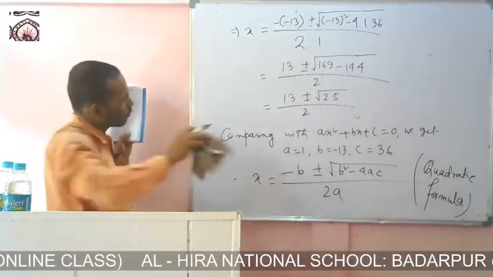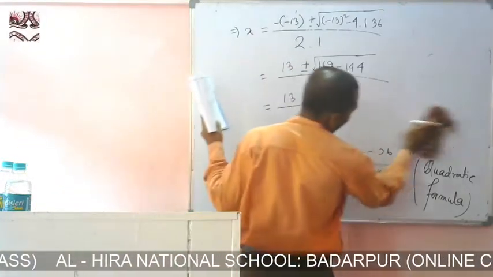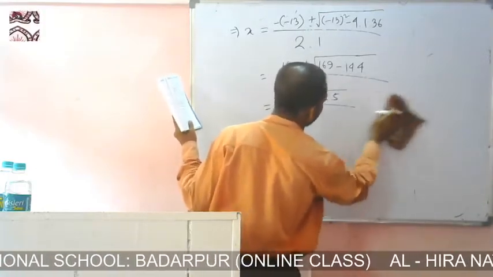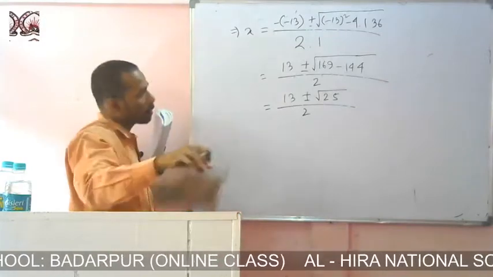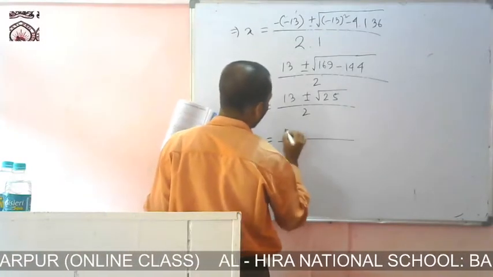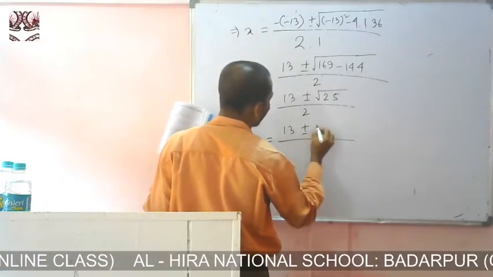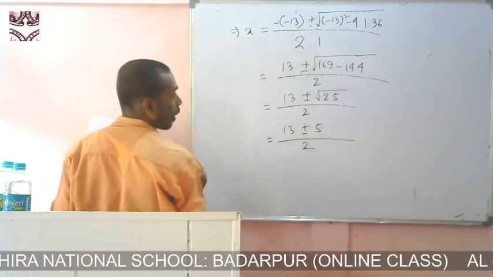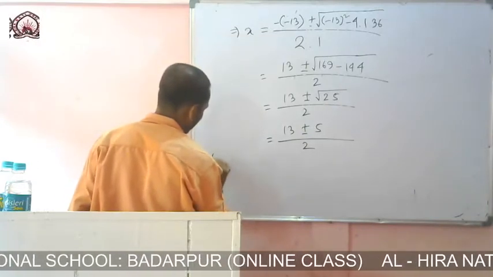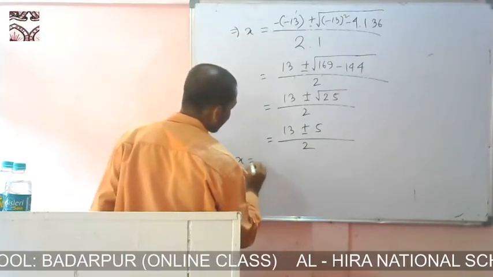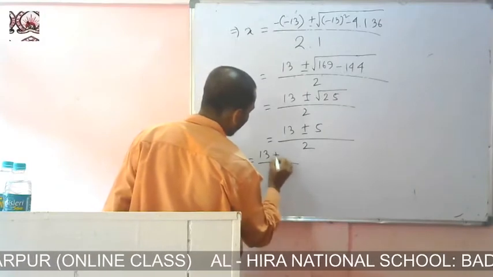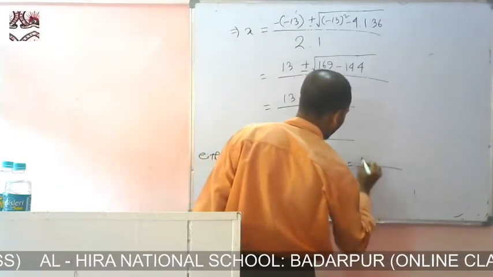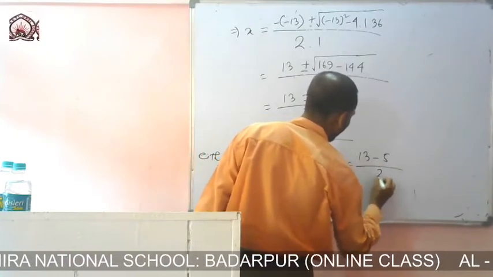So it is 13 plus minus 5 by 2. Now either x is equal to 13 plus 5 by 2 or x is equal to 13 minus 5 by 2.